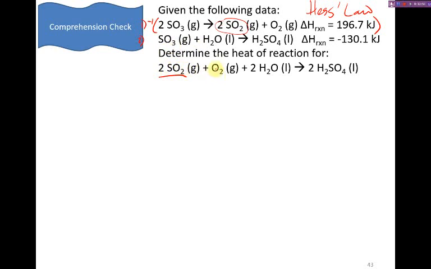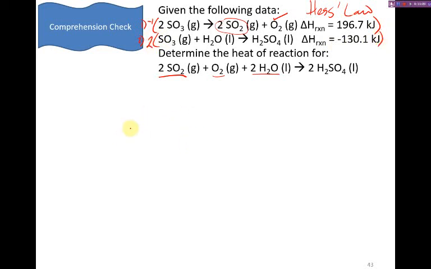Then, oxygen. Well, we've already accounted for oxygen in the reaction above. Now let's look at the next one, water. Water shows up in the second reaction. It's on the proper side of the reaction, but the wrong amount. We need to multiply by a factor of 2.